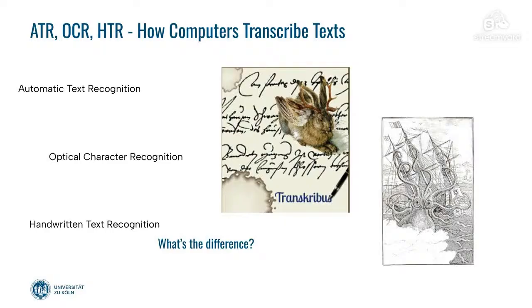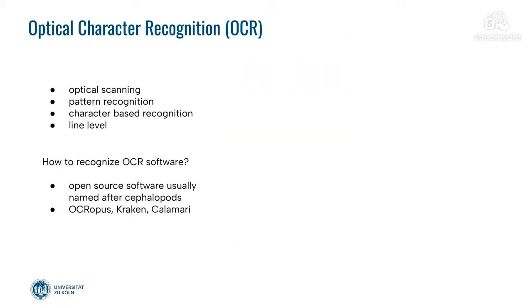So we have ATR, this is automatic text recognition. We have OCR, which is optical character recognition, and we have HTR, which is handwritten text recognition. So you might have heard all of it, but maybe you have always wondered what's the difference. And let me help you with that.